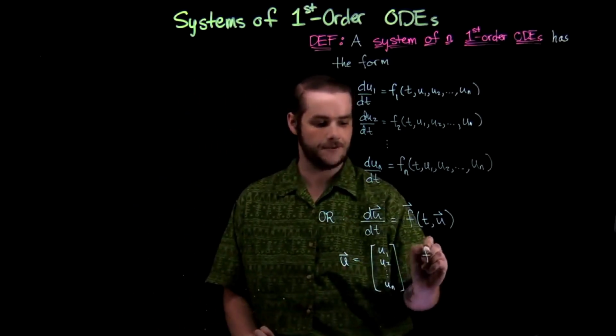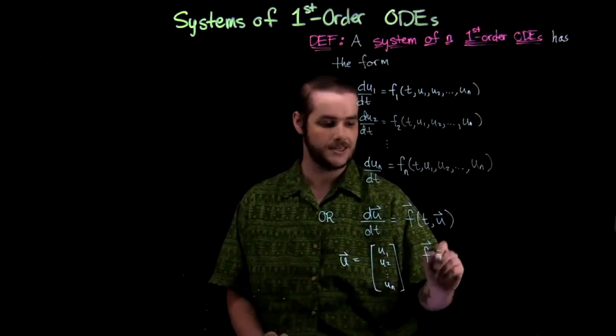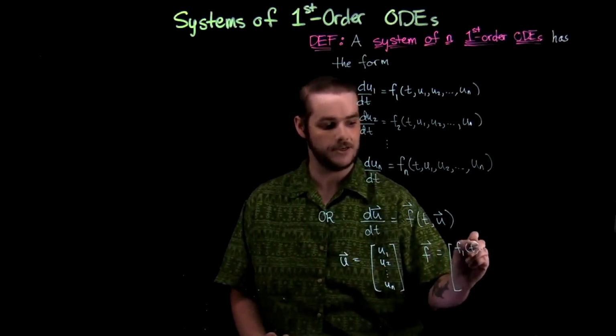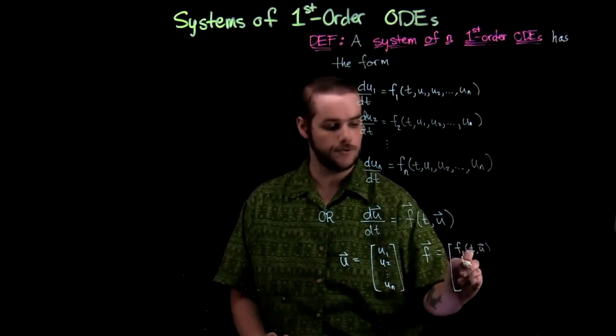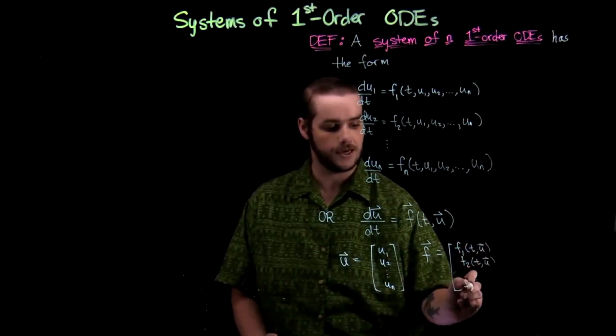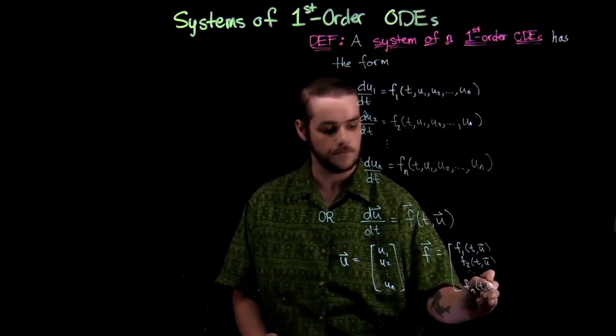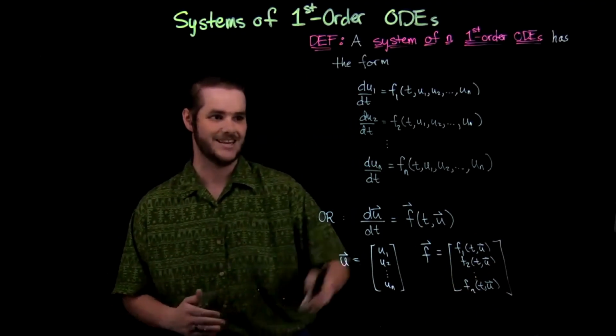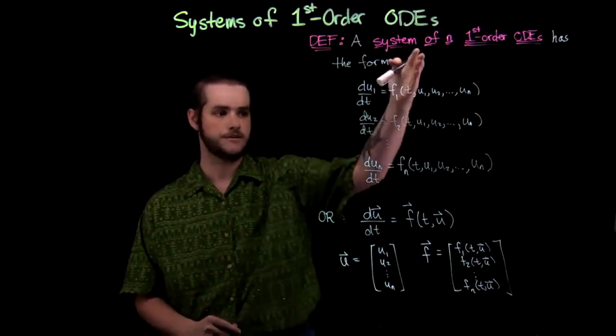And vector f is similarly f1 of t and vector u, f2 of t and vector u, and so forth, down to the last one. And now you can see we can write this as the vector of derivatives equals the vector of right-hand sides.